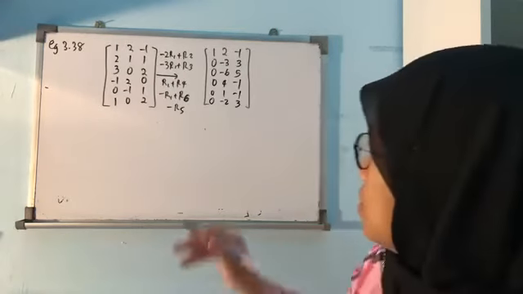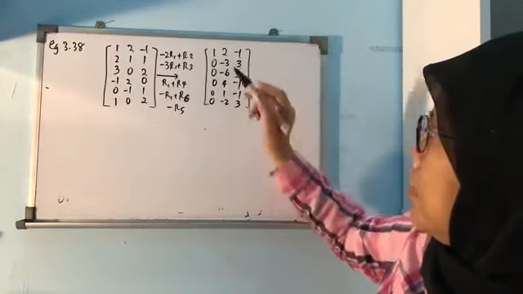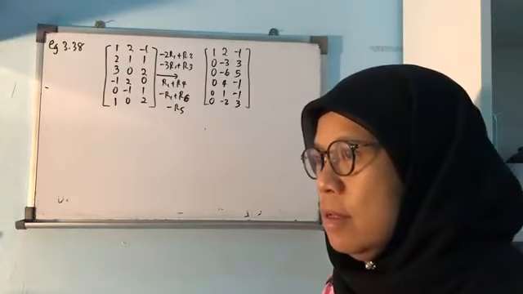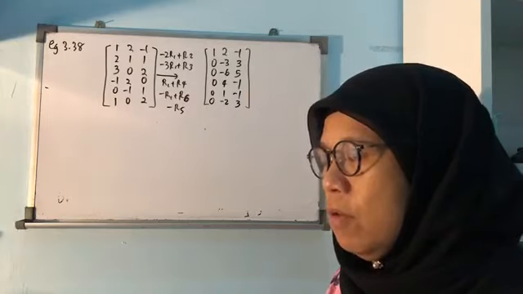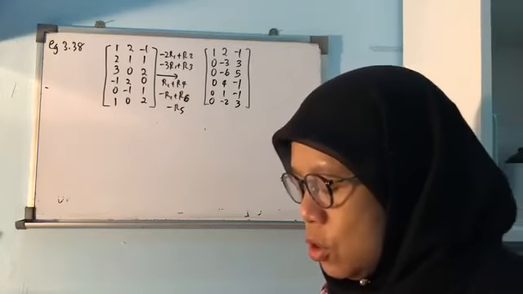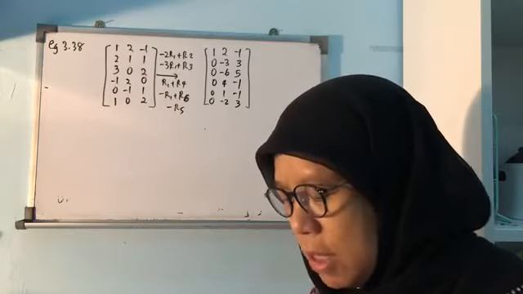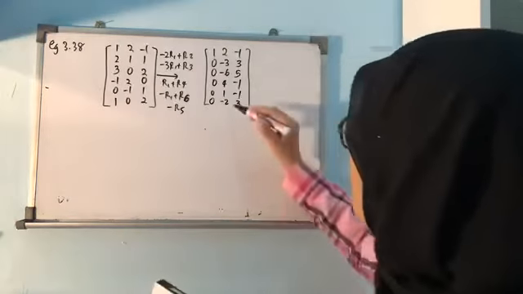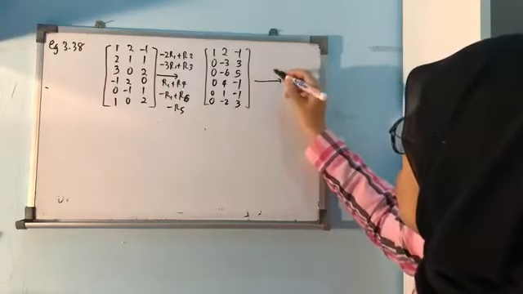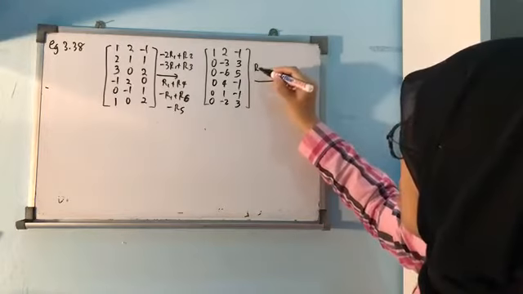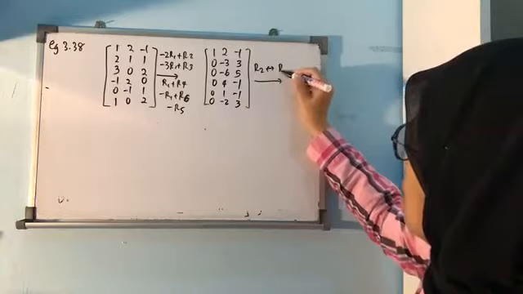Okay, because this is a multiple of 3, so this one is 1 minus 1/3 R2. But you can also do this, right? R2 and R5, kan?